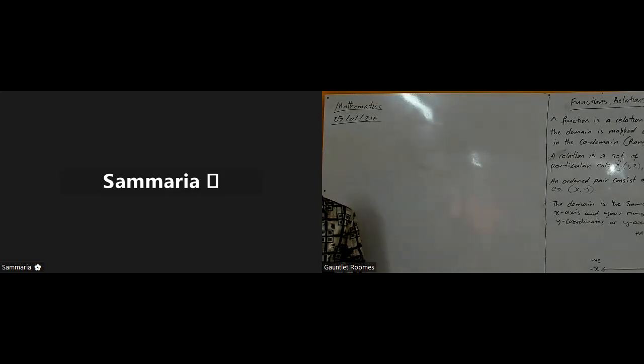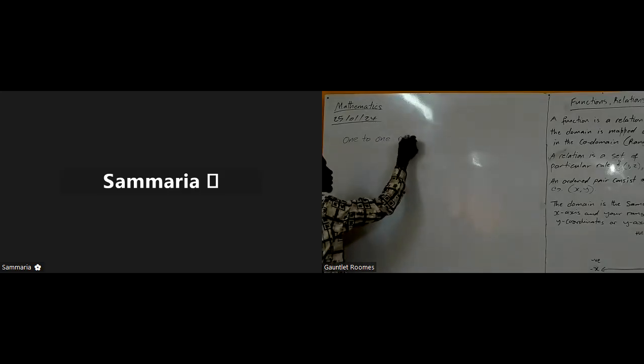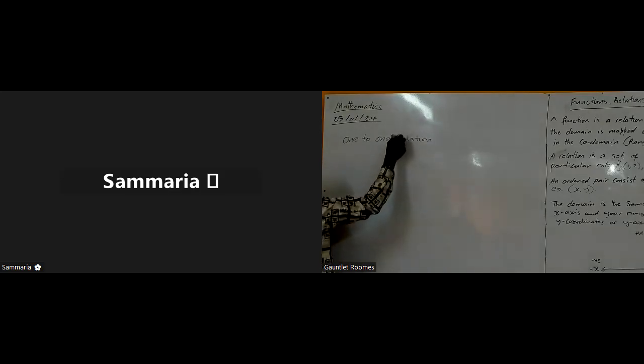So let us look at the relationship that exists among these different rules that we're going to look at. So we're going to first look at what we call a one-to-one relation.